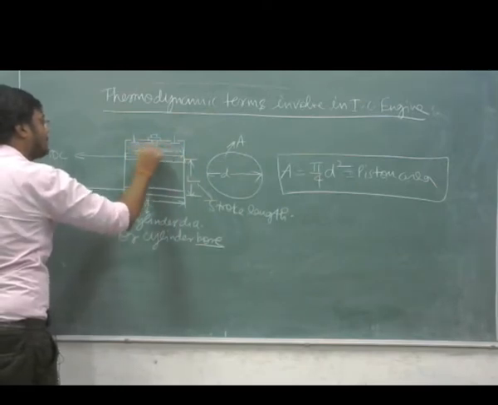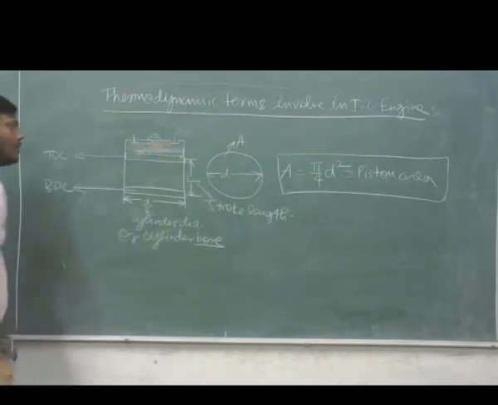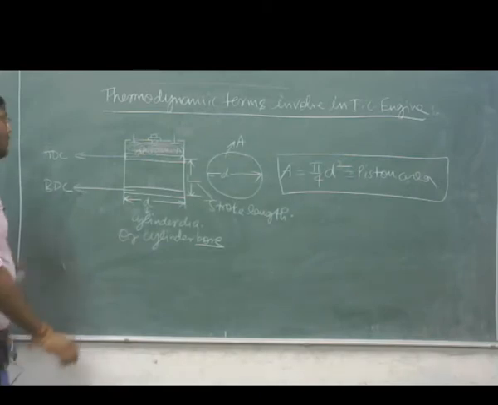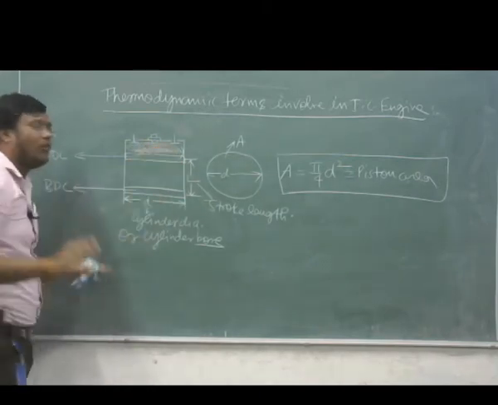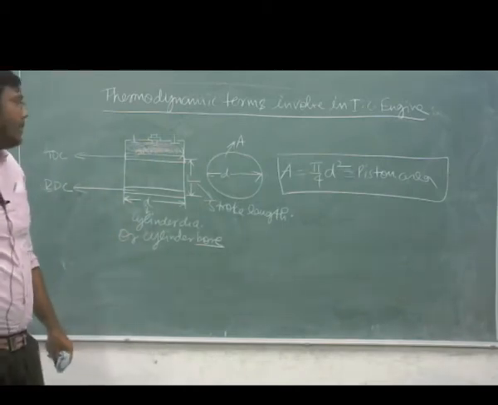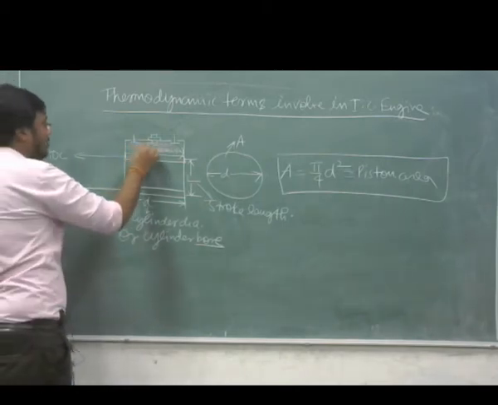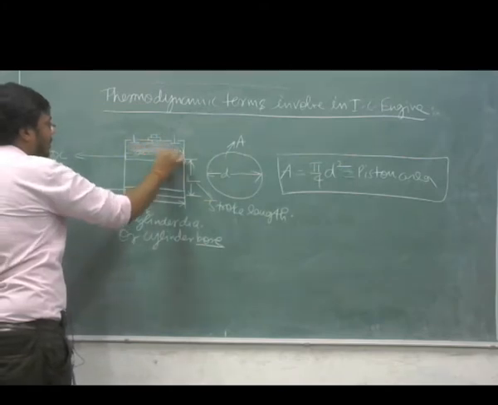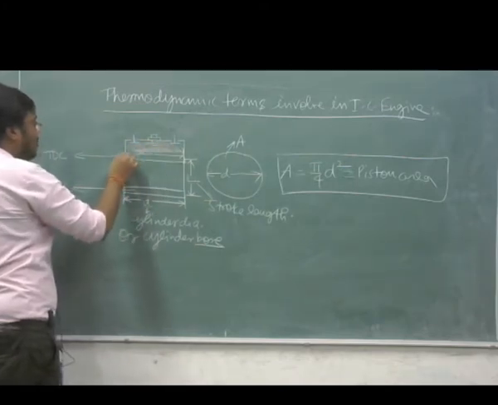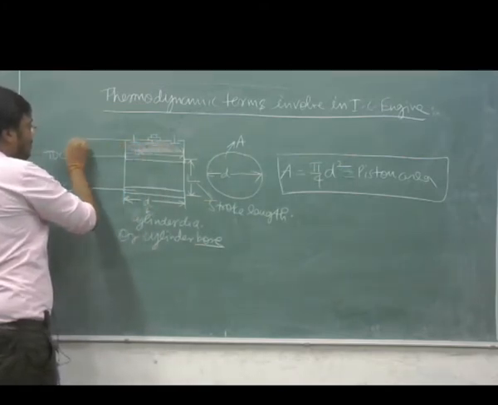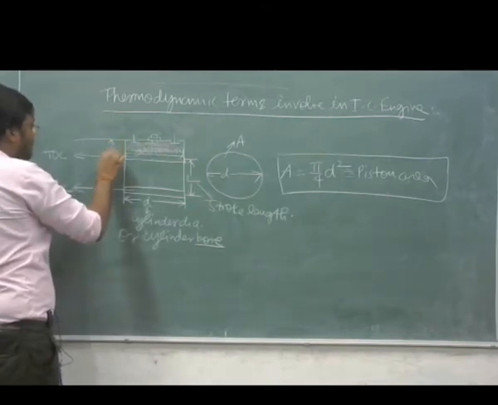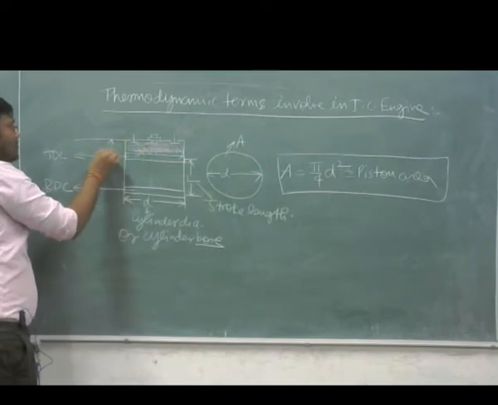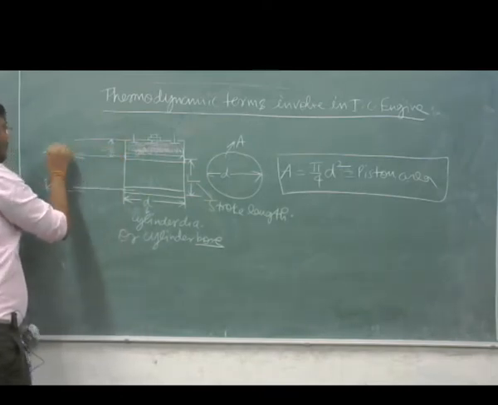So if there is some space here, this space has some volume. The volume of this space is known as clearance volume, which is represented by VC.